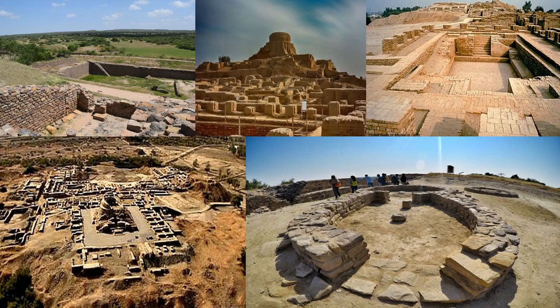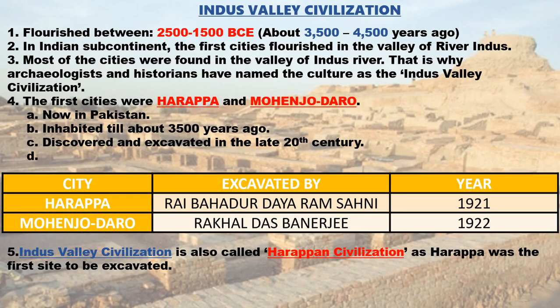And this is all which we have learned in this particular module. Let us revise those things again. So what we learned in the module, that the Indus Valley civilization flourished between 2500 to 1500 BC in the Indian subcontinent. The first cities flourished in valleys of river Indus.